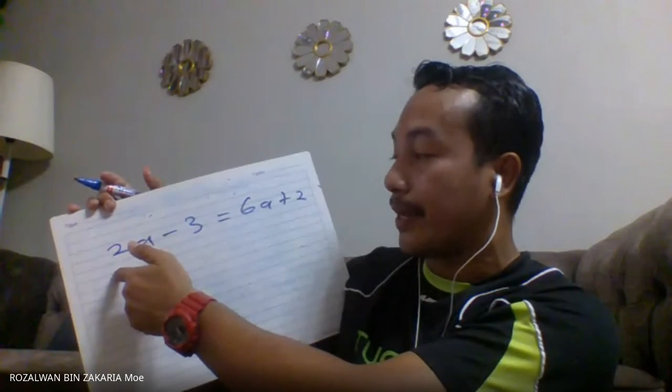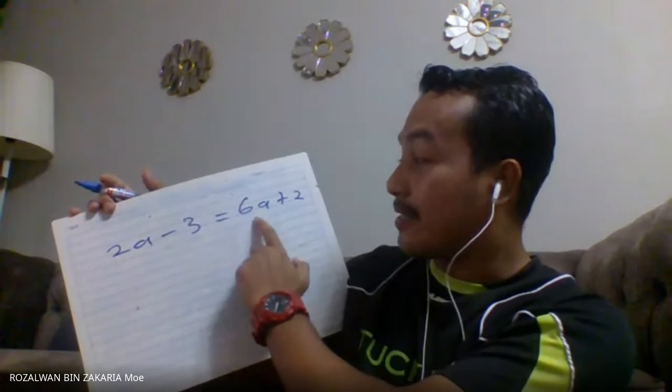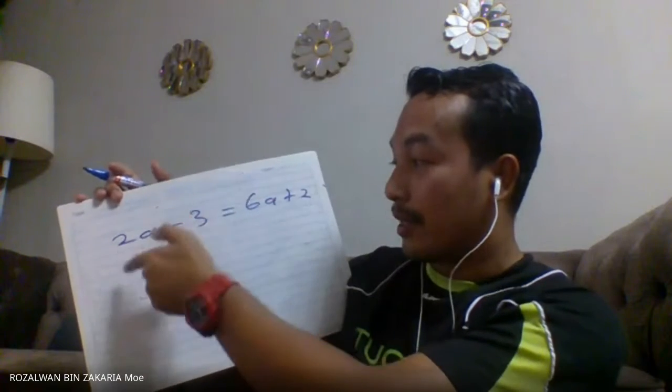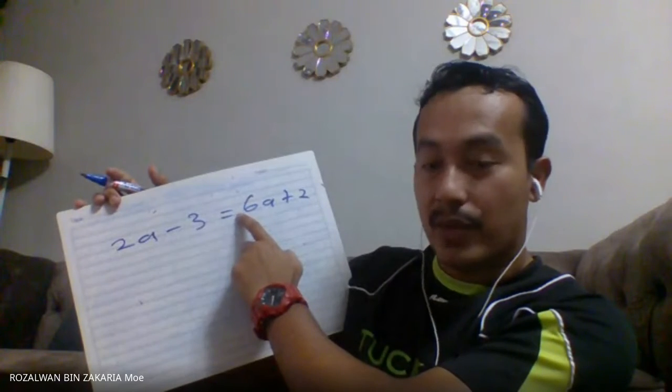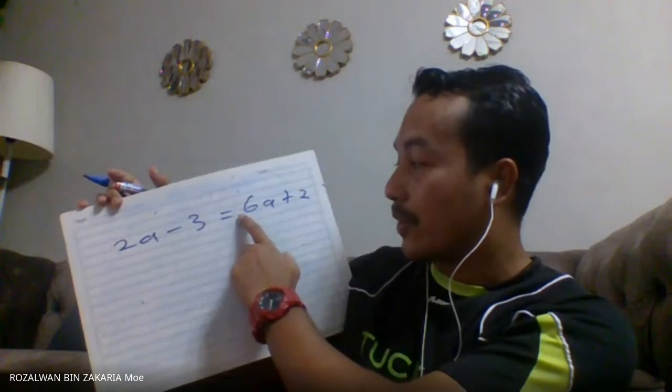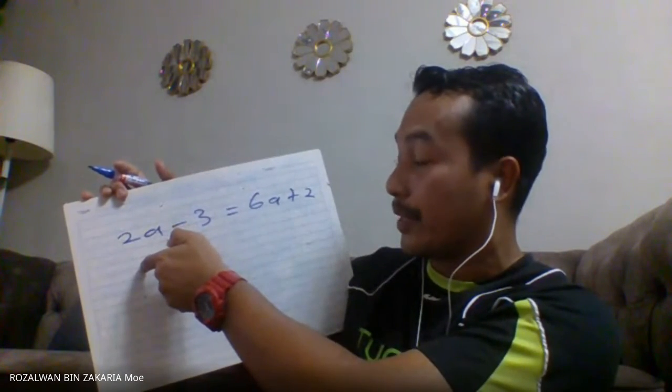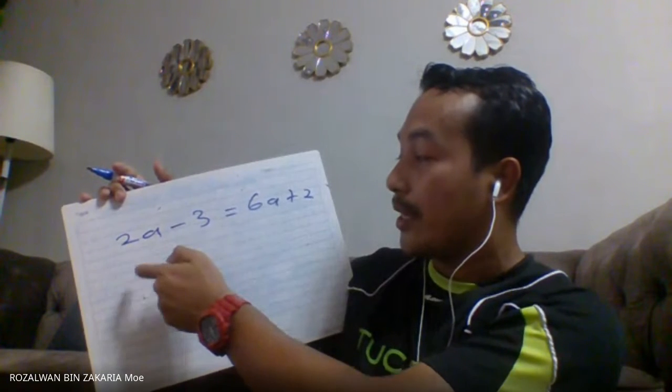When you move 6a to your left side, the operation will change. It is positive now, so when you change to your left side, it will become 2a minus 6a, then equals 2 plus 3.